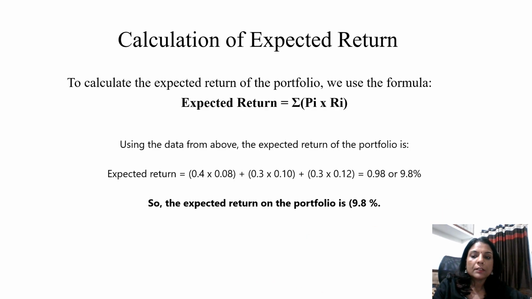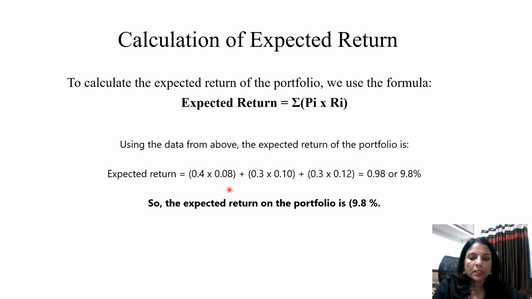Now we will calculate the expected return for this example. The formula of expected return is the summation of probability multiplied by the return of your different securities. Here the first one is 0.4, the probability of security X, and the return of security X was 8%.